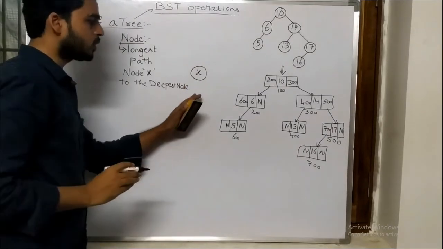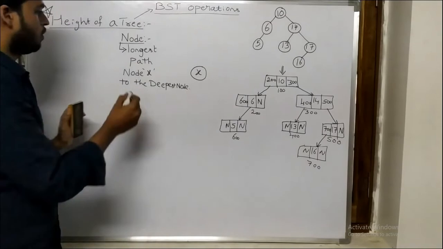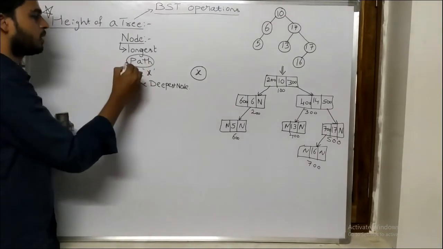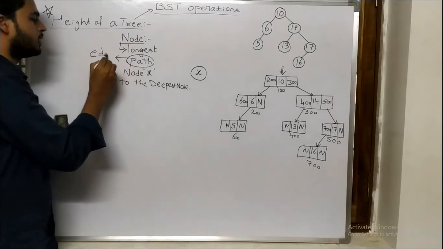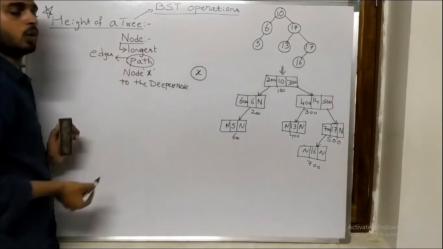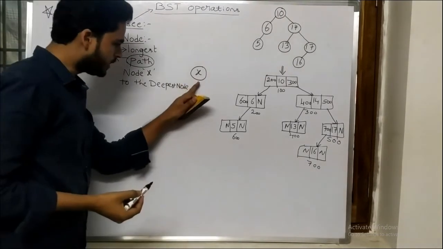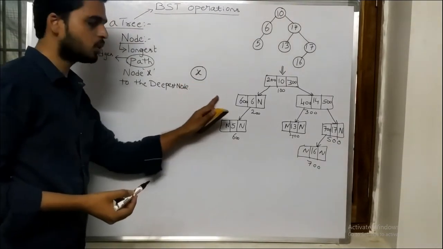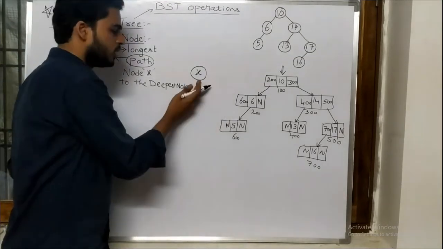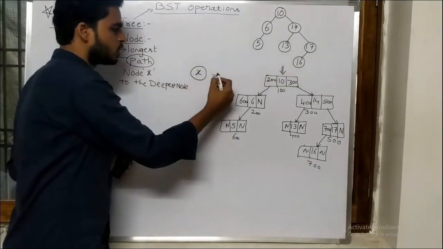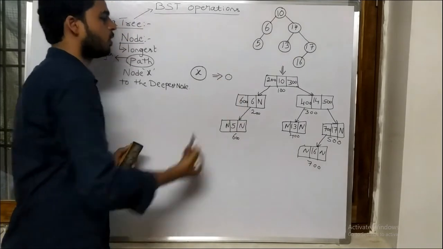Is there any deepest node for this node x? How are we going to calculate the path? Counting the total number of edges. Is there any edge from node x to the deepest node? No, as there is only a single node, so the total number of edges is 0. So height of this single node is 0.